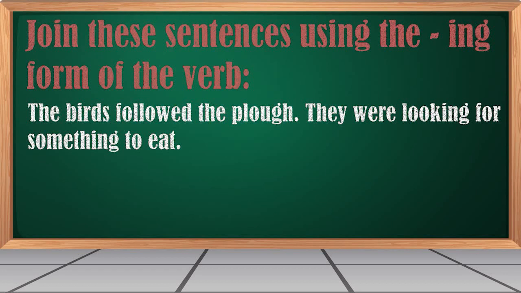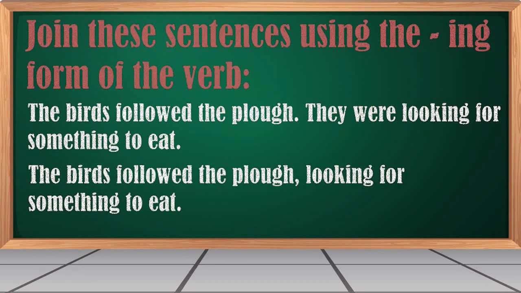How can we join these 2 sentences into one sentence using the structure joining sentences with the ing form? So the answer: the birds followed the plow, looking for something to eat.